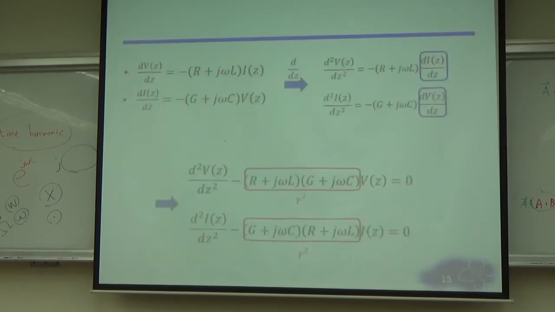Then you take another differential to both parts and change this term to a very similar thing. What we need to do is redefine this part as gamma squared.